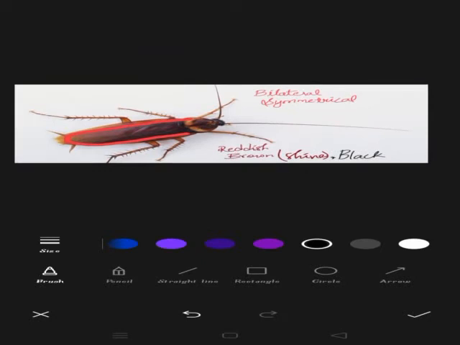In some tropical regions, bright yellow, red and green colored cockroaches have also been reported.